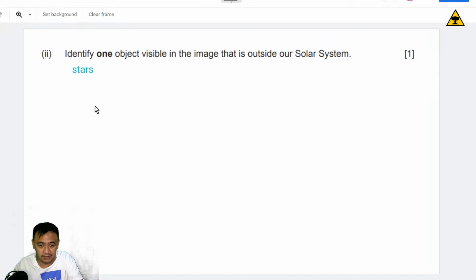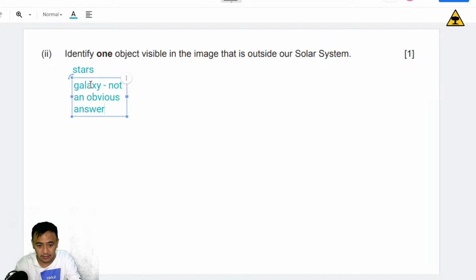I'll put galaxy here, but I'll note it's not an obvious answer. As the instructions say, visible, right? Does the mark scheme allow galaxy as an answer?